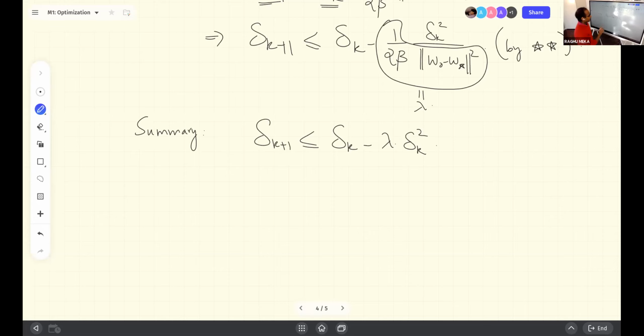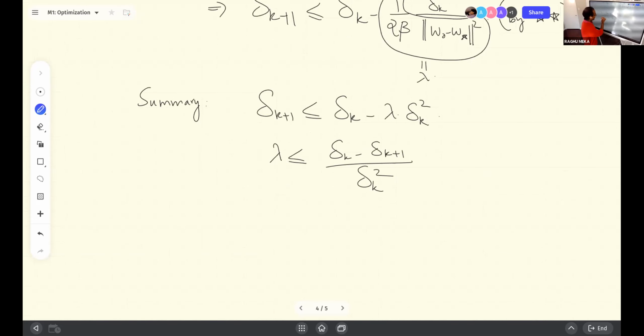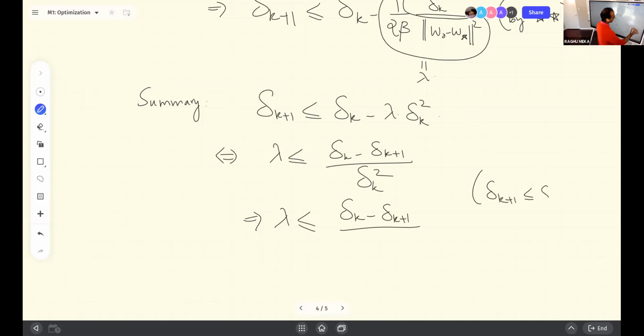Okay? And what does this tell us? It tells us that lambda is less than, or let me rewrite this. This is just some arithmetic now, some manipulations. Okay? So I just rewrote the inequality by moving some things around. And now this implies that lambda is at most. So recall that delta k plus 1 is less than or equal to delta k. We are only making progress at all times. We are only decreasing the distance. Right?